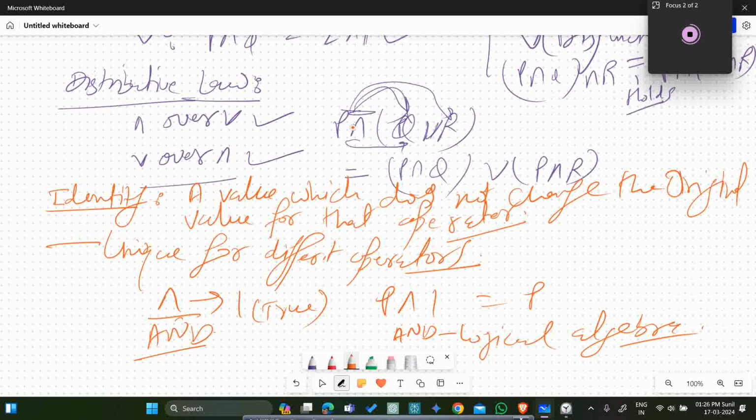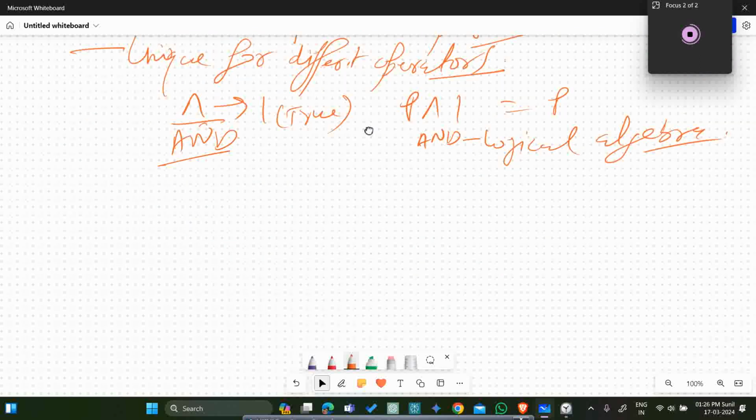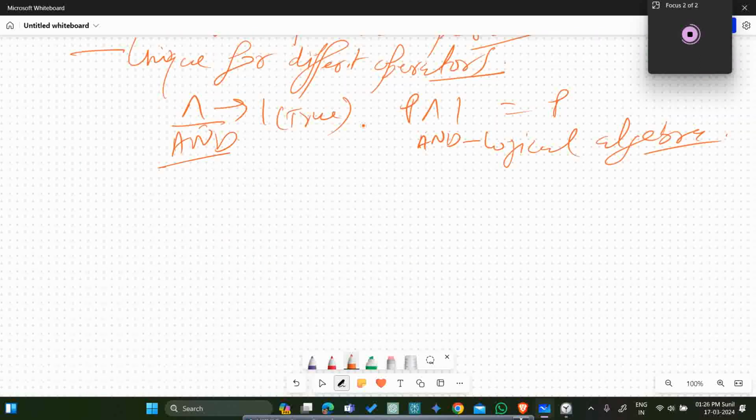Next, for disjunction, it would be 0, or we can say OR. So P or 0 is always P, but P or 1 is always 1.